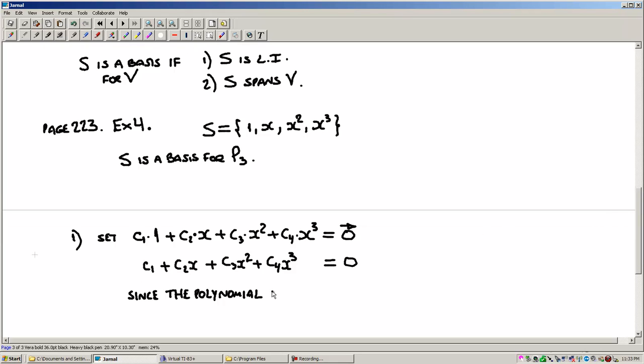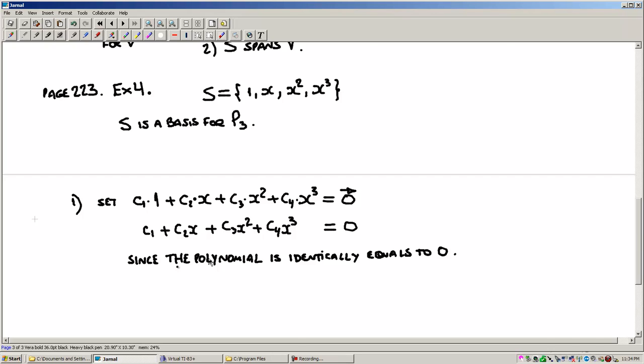Now since the polynomial is identically equal to 0, then the only solution for those coefficients is that they need to be all 0. So C1 equals C2 equals C3 equals C4 equals 0.